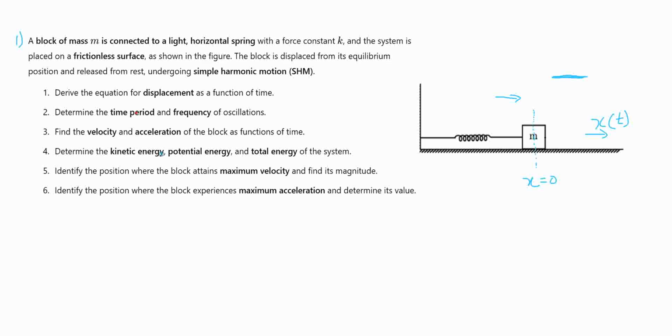So that means x dot of 0 equal to 0. That is, initially at time t equal to 0, the velocity will be 0, which is given as x dot. Basically dx by dt is velocity, which we represent as x dot.